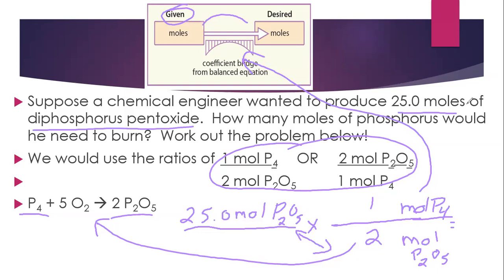Okay, if the 1 was a different number, we would multiply on top, but we only need to divide 25.0 moles divided by 2. And of course, that's going to be 12.5 moles of P4. Okay, so that is our answer for this problem.